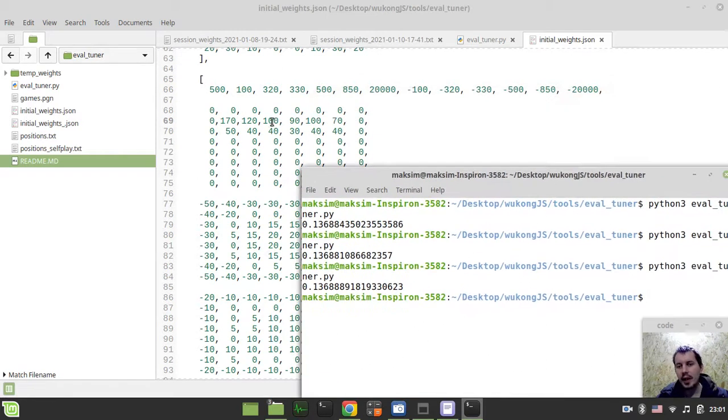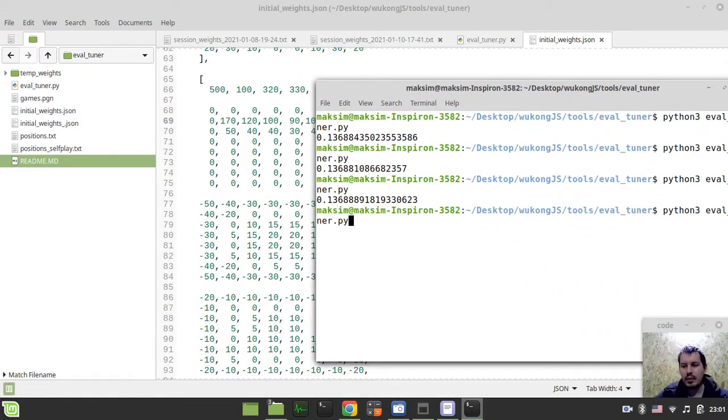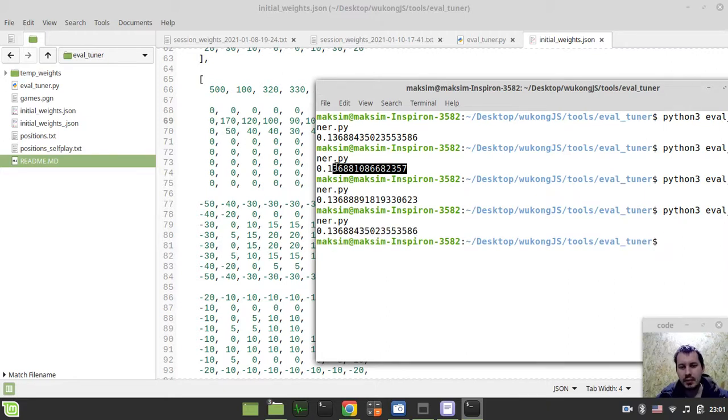I could have changed a couple of values, or 3, or up to 5 values at the same time. It depends on the circumstances of what particularly you're trying to tune at the moment. But just by changing this value, we can see how the mean square error is going to reduce, and now we should get this value back because we've just increased it slightly, from the statistical perspective at the very least.